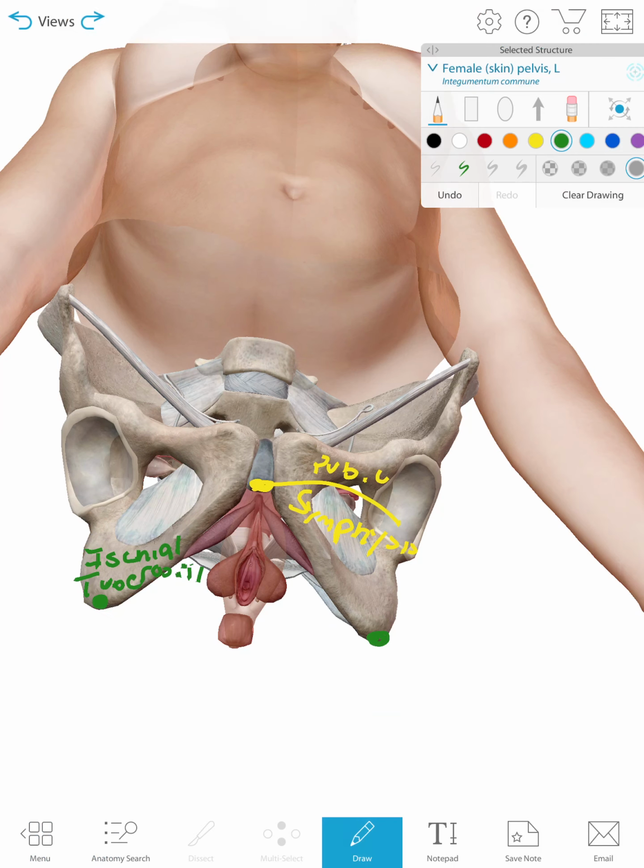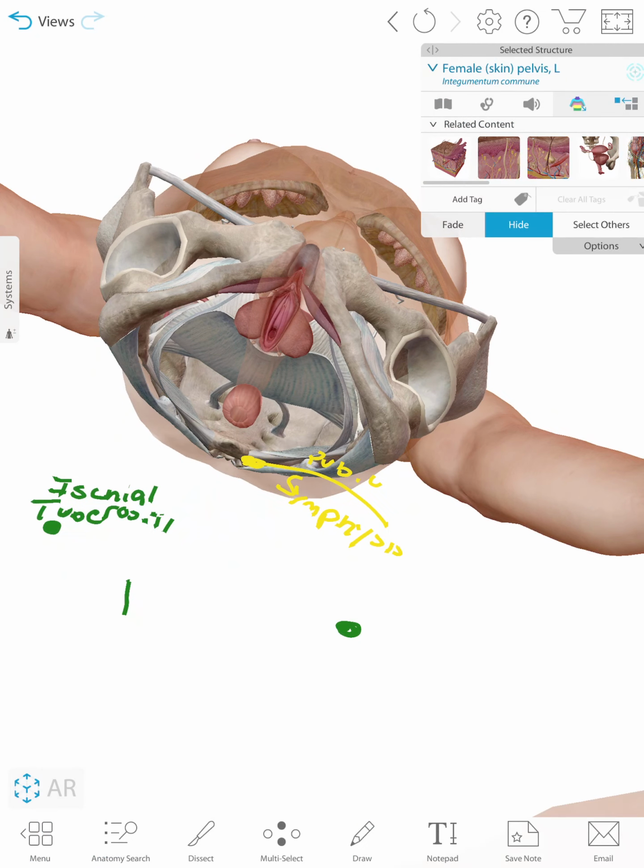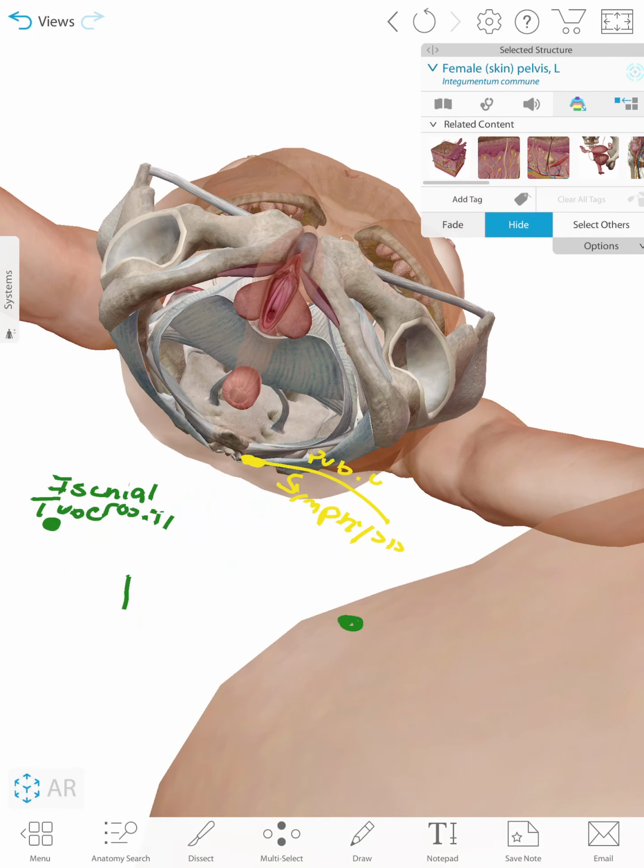Let me go back. If we notice over here, again, this is an inferior view. This is the same view we were seeing before. Right, and again, let me see if I can mark this for you.